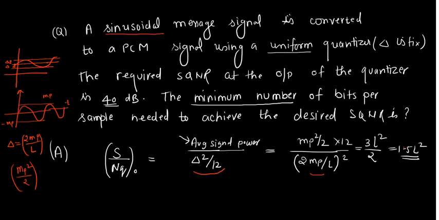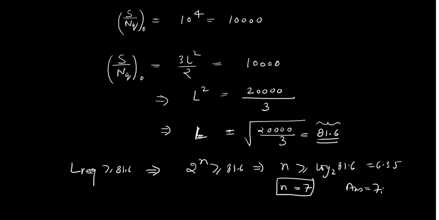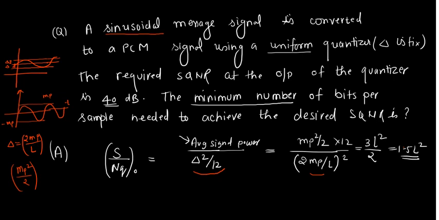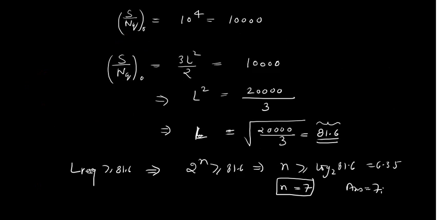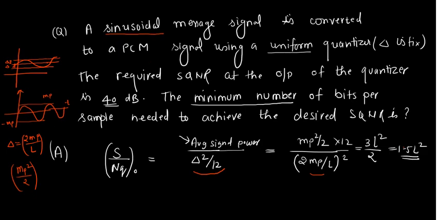Now the question states that the required SQNR must be 40 dB. In order to get this 40 dB SNR, what should be the minimum number of levels? Because if you increase the number of levels, of course the SQNR will increase.